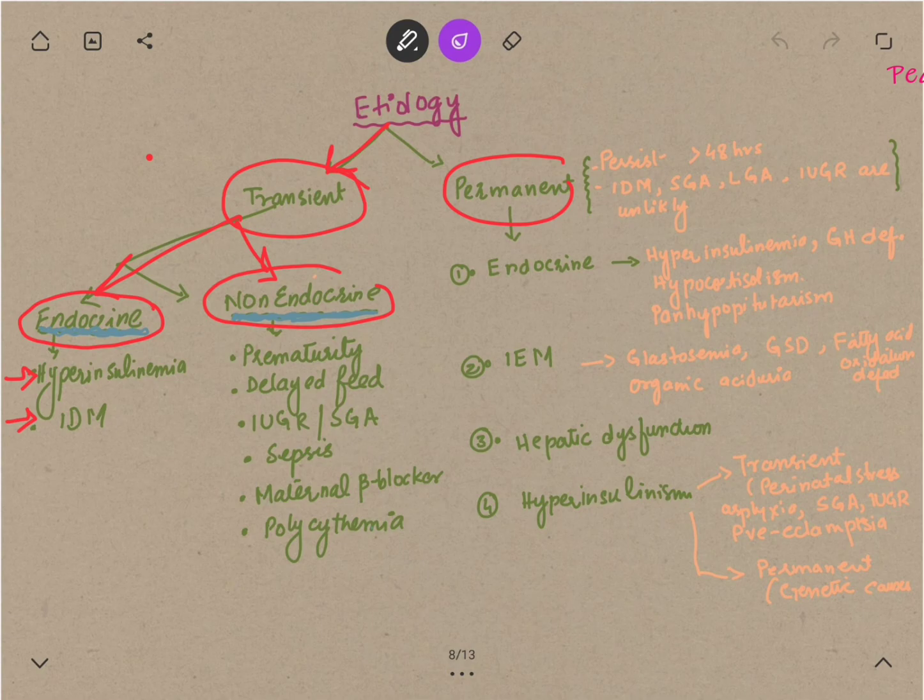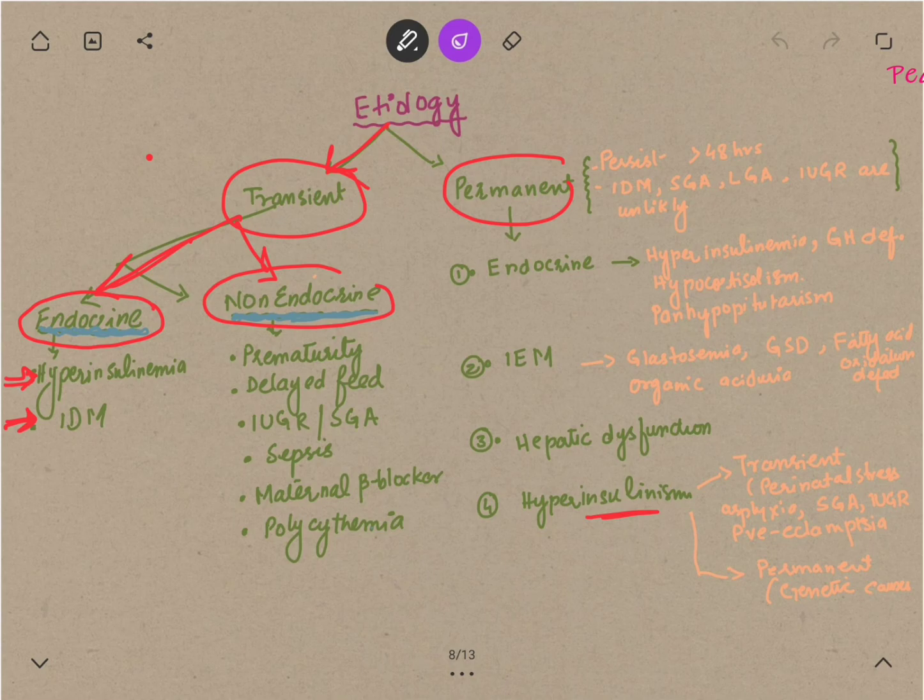So these stress states produce hyperinsulinism. This can be transient and this can be permanent. We will discuss how it can be permanent. So in transient hypoglycemia, we have endocrine causes including infant of diabetic mother and hyperinsulinemia.